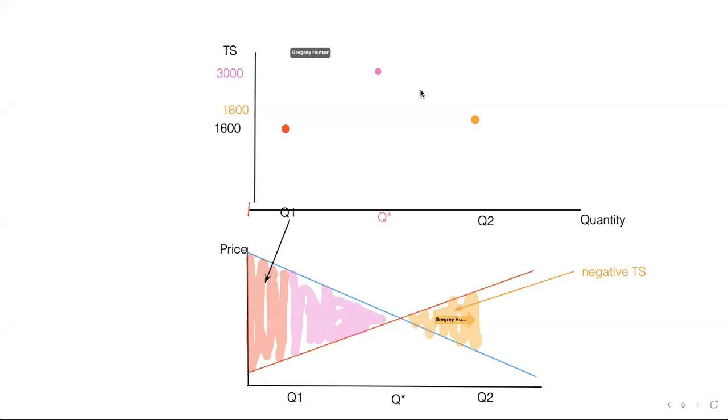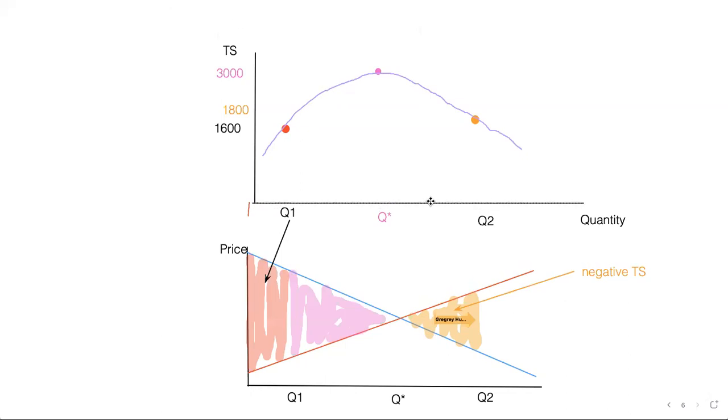But what's really going on is that if you plot all of those values, for each and every level of output, you're going to see that total surplus hits a peak at Q star. This is if I had plotted every level of total surplus for every possible quantity.